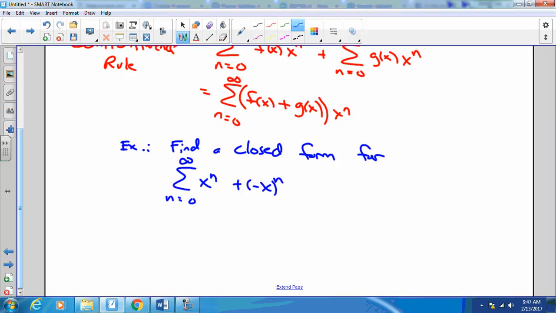There we go. Like that. Okay. So I have really what looks like two different power series being added, right? So first, I appeal to the sum rule and split them.